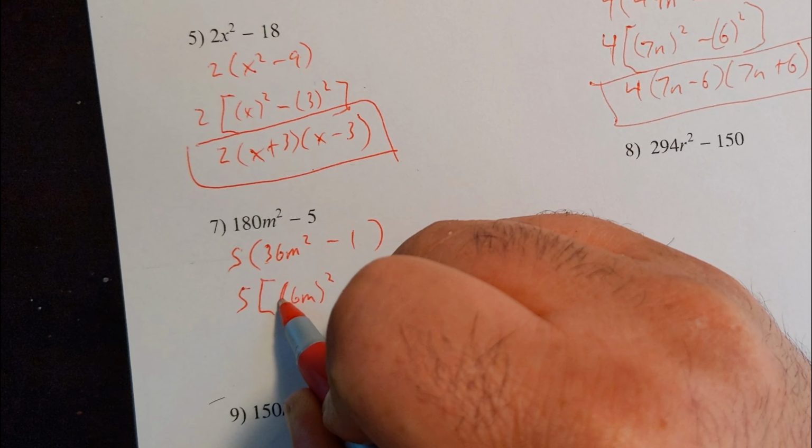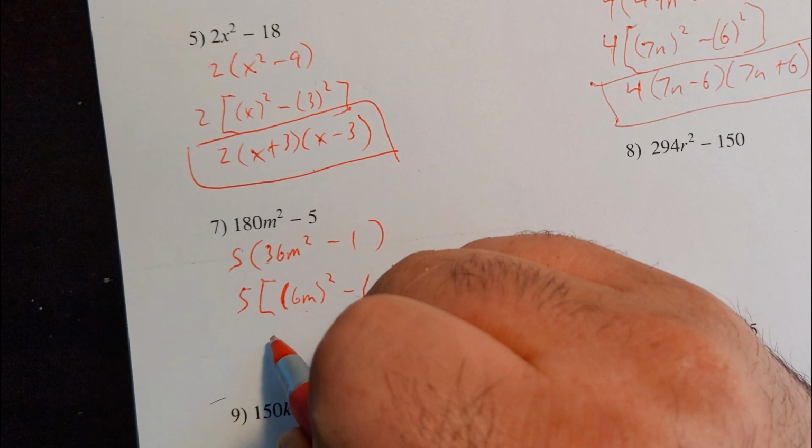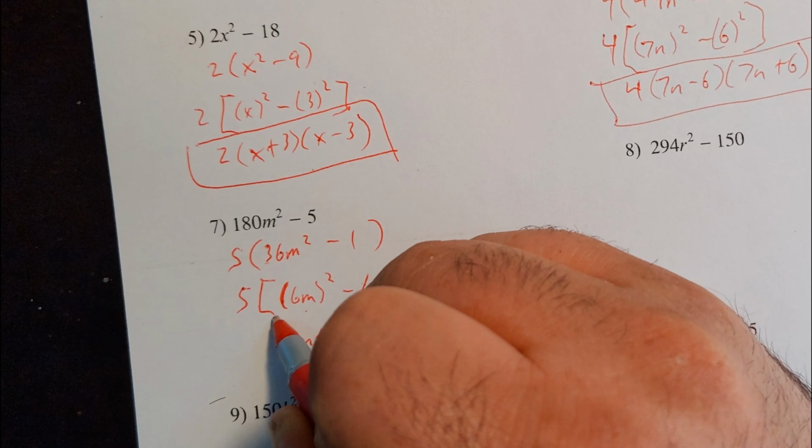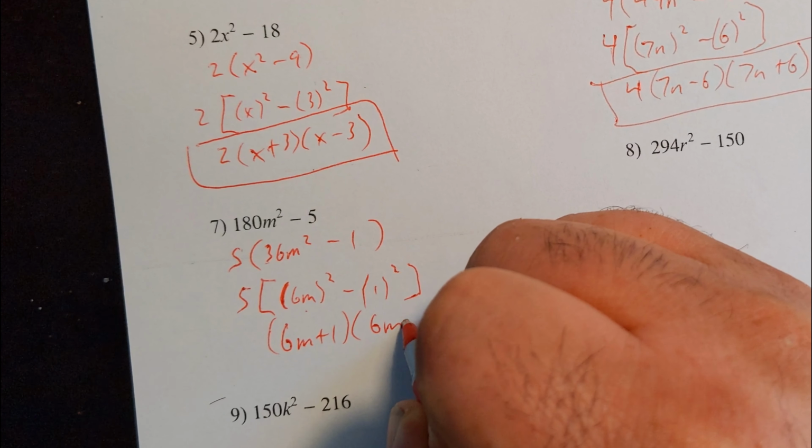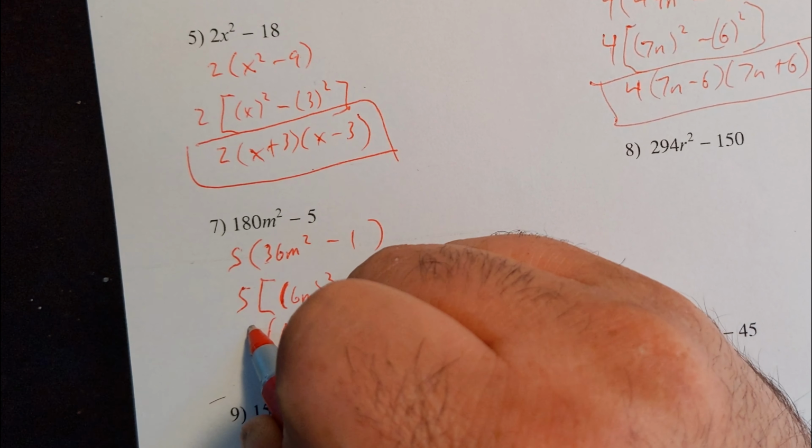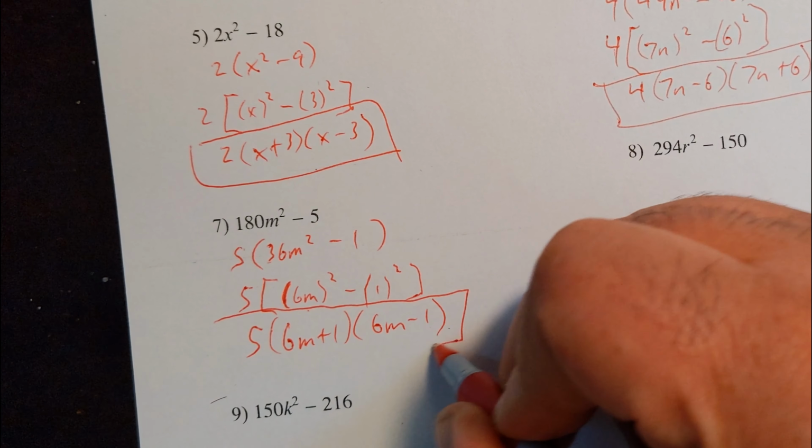So this is going to be 6m plus 1, 6m minus 1, and then this 5 is still in the front.